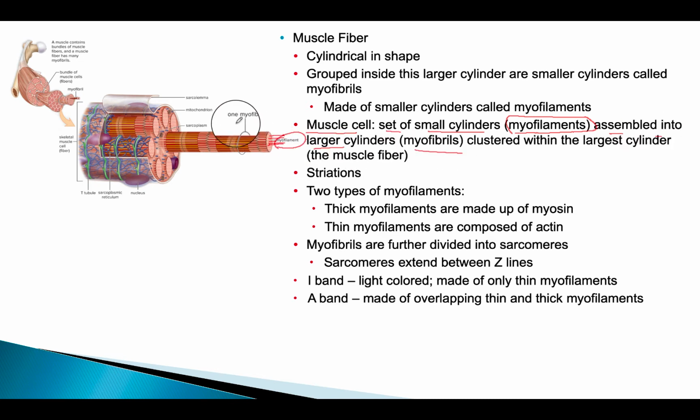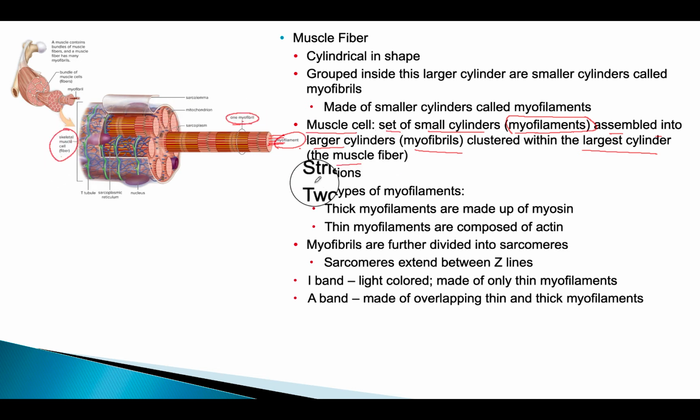So now you have your myofibrils right here. These myofilaments come together to form your myofibril. Clustered within a larger cylinder, now your muscle fiber, right here. So myofilament, myofibril, and then your muscle fiber.